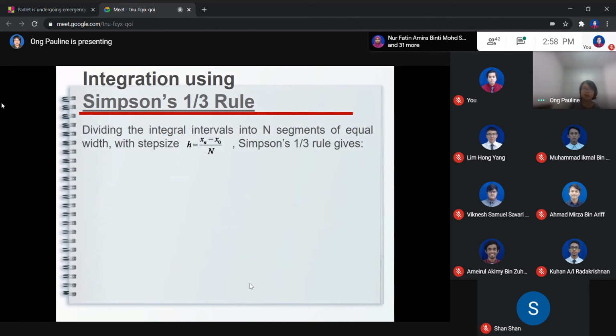Let me put it in a more general way for the Simpson's 1/3 rule.